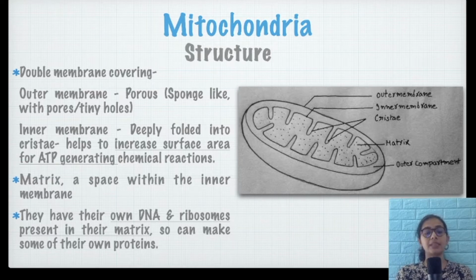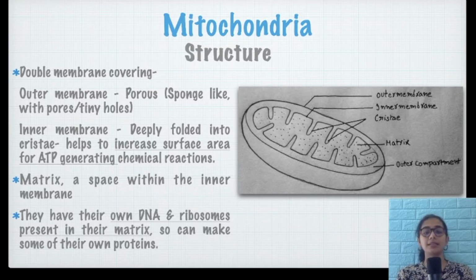These chemical reactions need a lot of surface area to happen. This surface area is provided by these foldings. That means the foldings increase the surface area of the inner membrane, thus helping the chemical reactions that generate ATP.